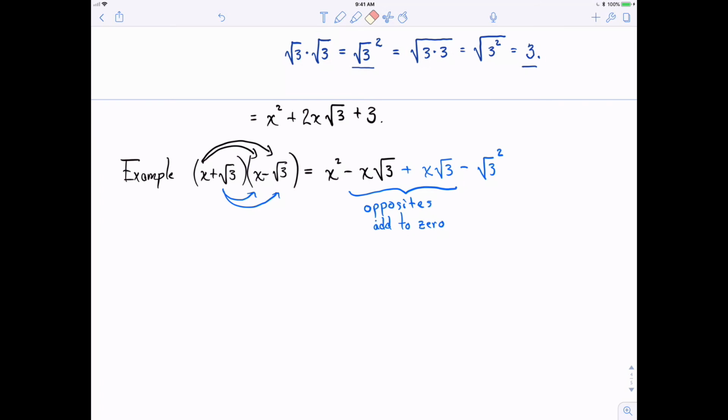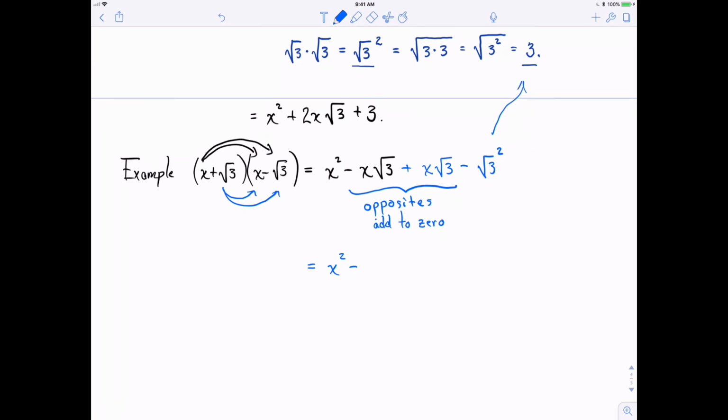So I'm going to have to leave that 0 there, but look at this. If it's 0, we usually just don't write it. We'd write x squared, and we already decided from up above that the square root of 3 squared is 3, so I could write this as x squared minus 3.